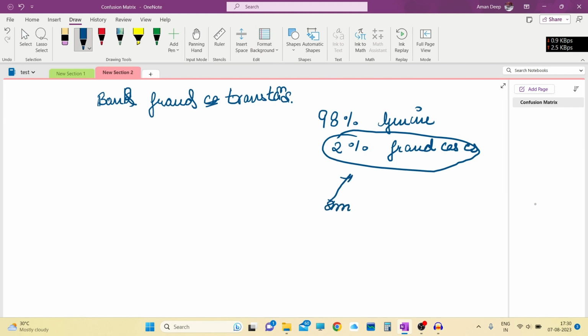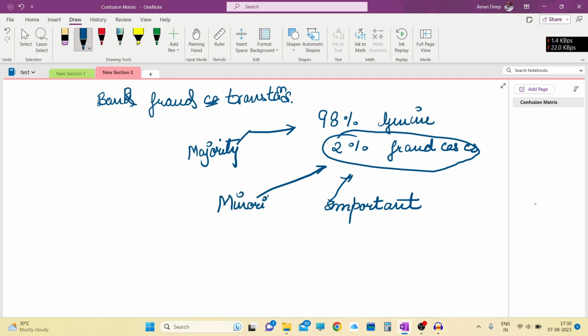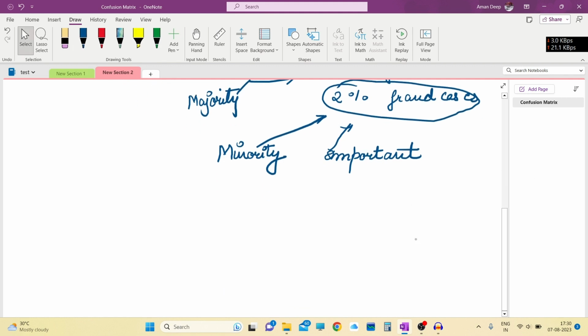These are the ones that we want to detect. The genuine transactions will be the majority class, and the fraudulent cases will be the minority class. It is the minority class that is important, that makes the news.